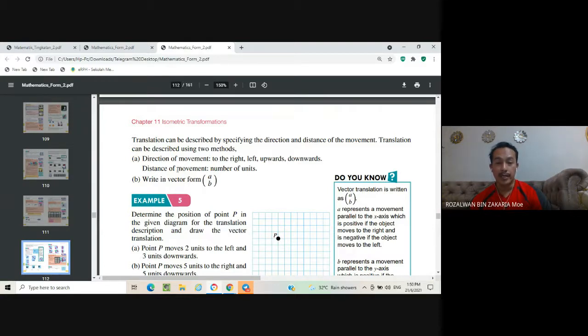Or the second, distance of movement, number of units, and B, written in the vector form. So in the vector form like this, in brackets A, B, close bracket. A is actually the movement on the x-axis, and B is the movement on the y-axis.